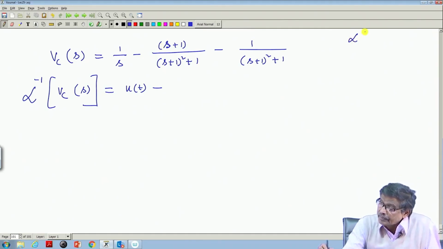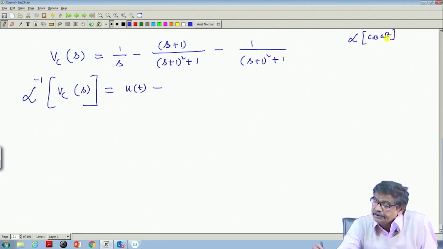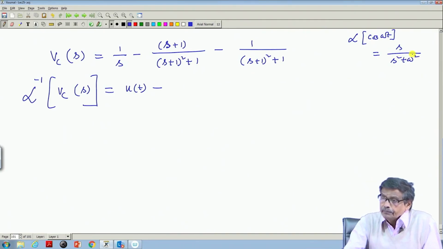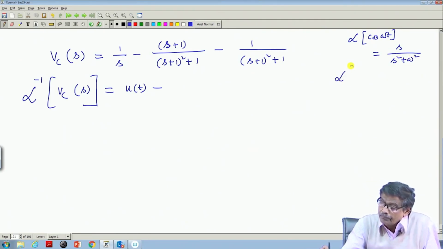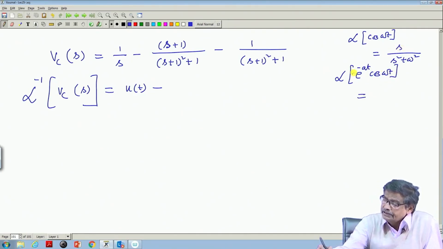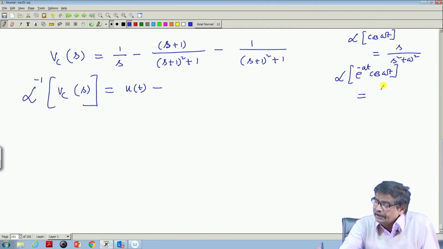Laplace transform of cosine omega t, if you recall, is equal to S by S square plus omega square, is it not? And Laplace transform of e to the power minus a t cosine omega t will be the Laplace transform with S replaced by S plus A, that is S plus A divided by S plus A whole square plus omega square.